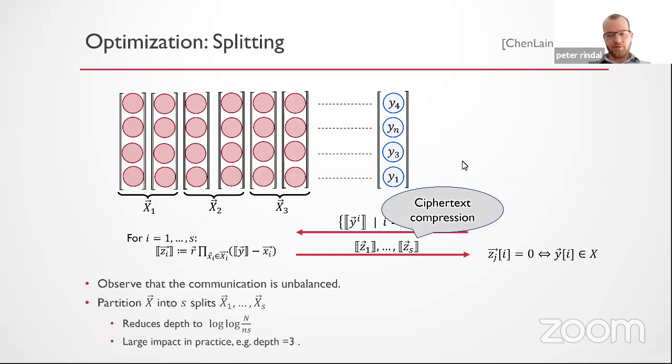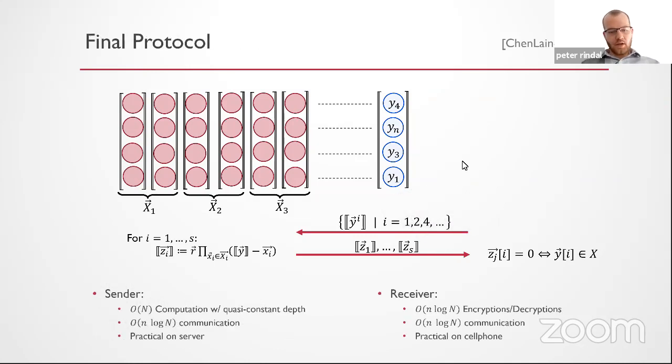So it's a lot of combining all the tricks that we have in our toolbox to really optimize this protocol. What we end up with at the end is computation complexity proportional to the large set, good communication, and very small depth.